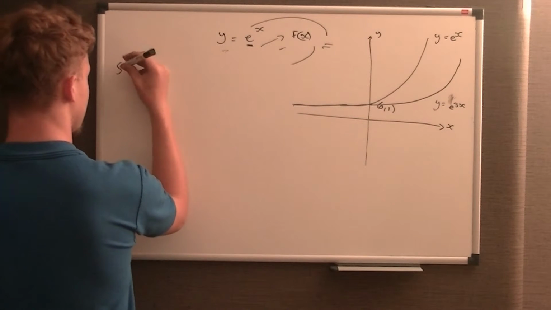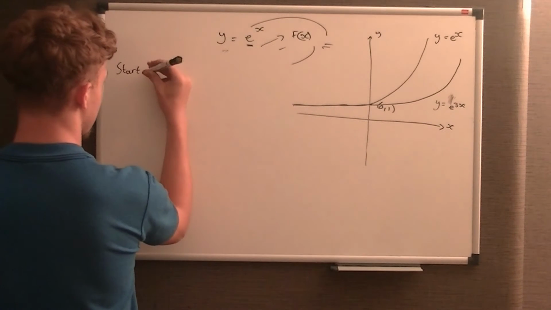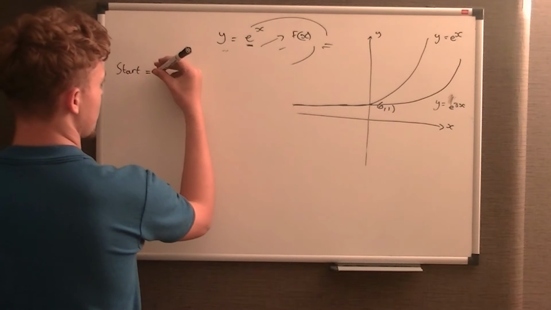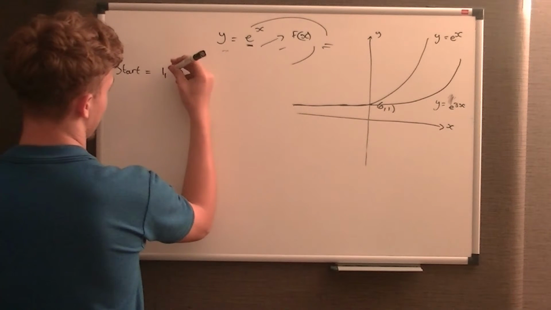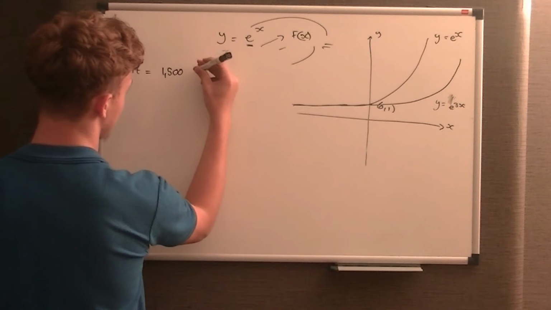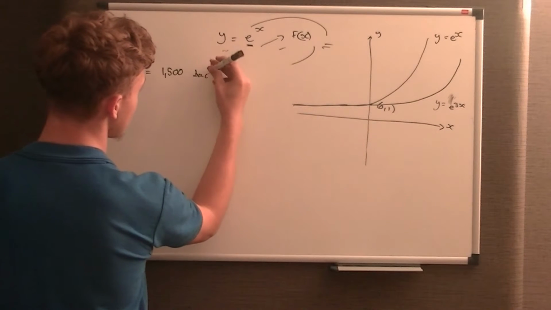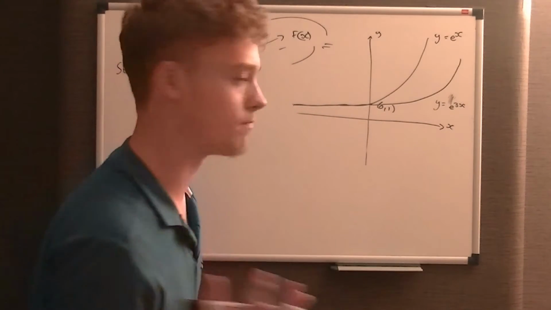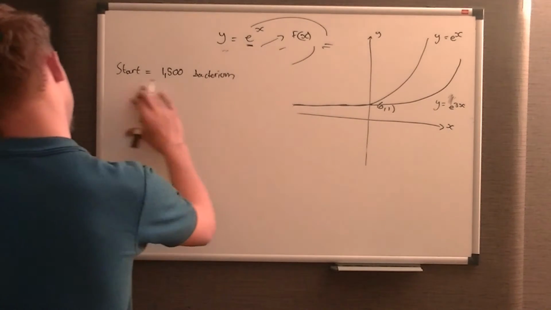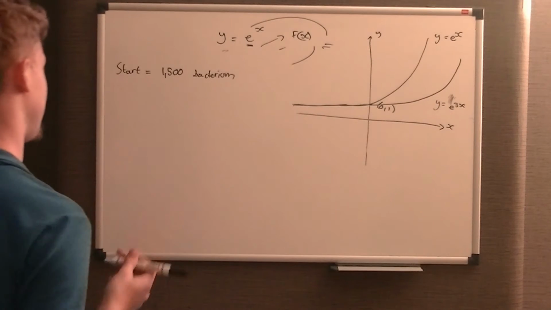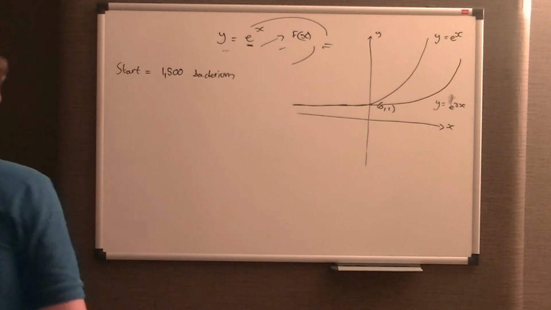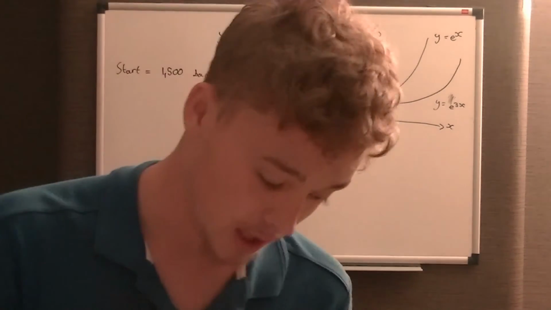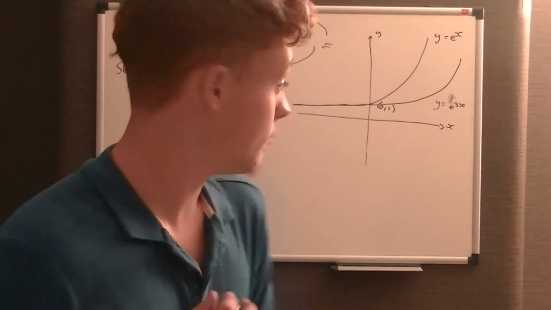So the start number of bacterium equals 1,500 cells of bacterium. Sorry, I just like using bacterium because I'm a bit of a scientist. So the start is 1,500 bacterium, and we are told the rate of change.